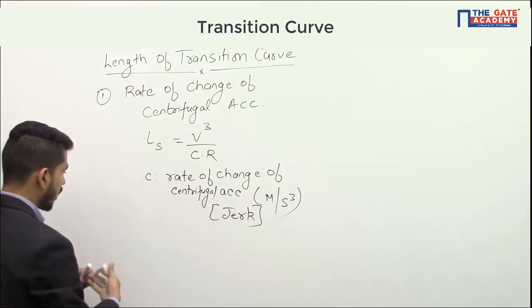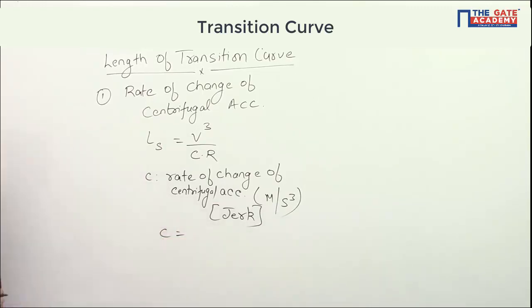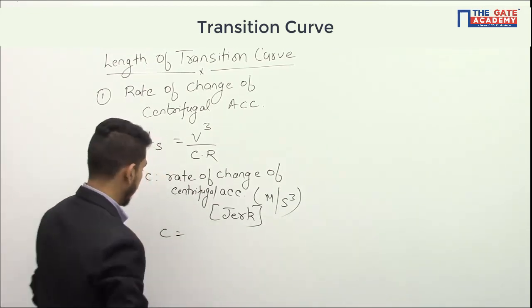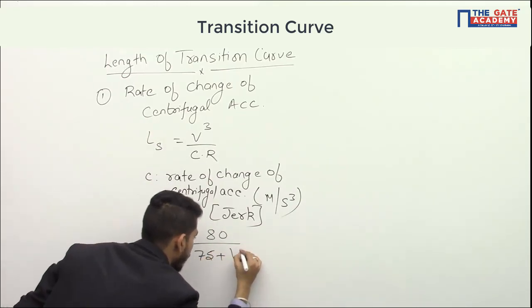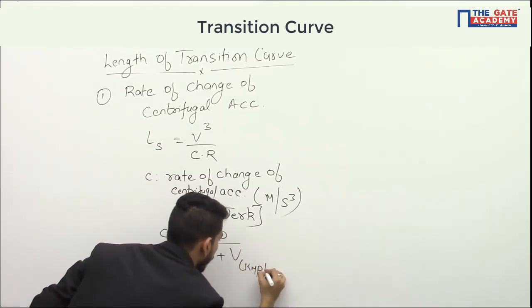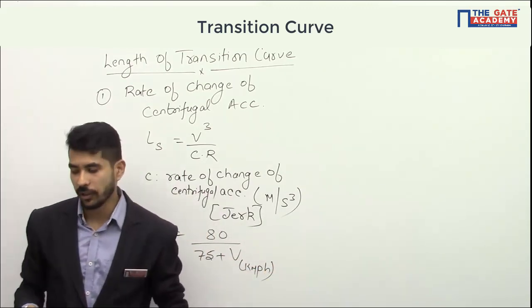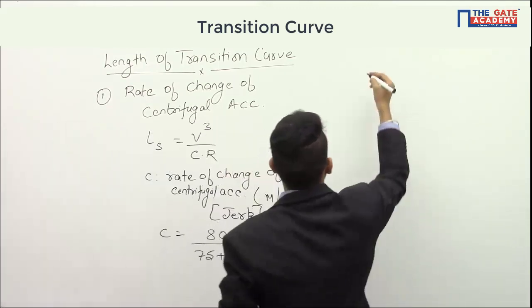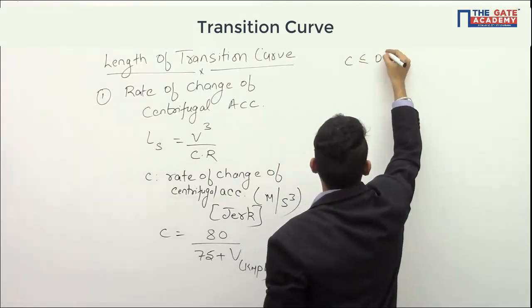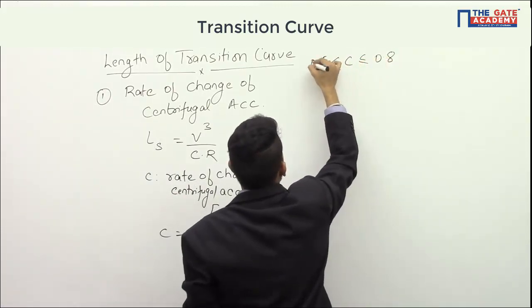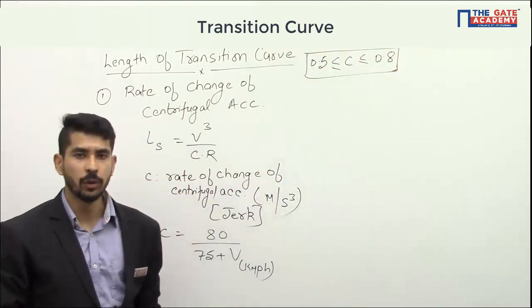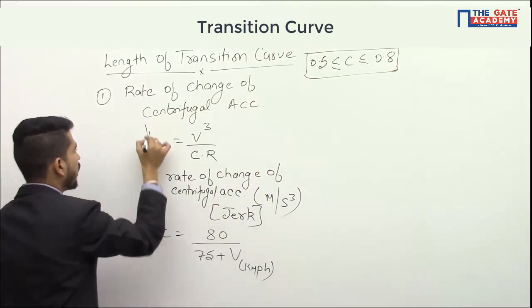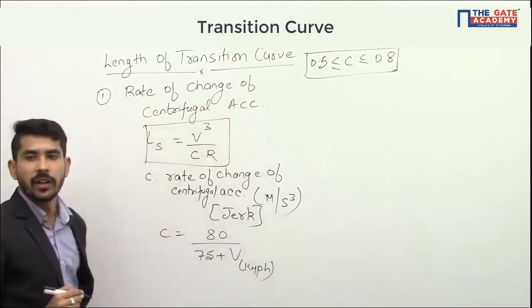And to calculate C, the expression is 80 divided by 75 plus V, with V in kmph. From here we'll get the value of C, and normally the value of C will be in the range of 0.5 to 0.8 generally. So on the basis of this criteria, this is the length of transition curve.